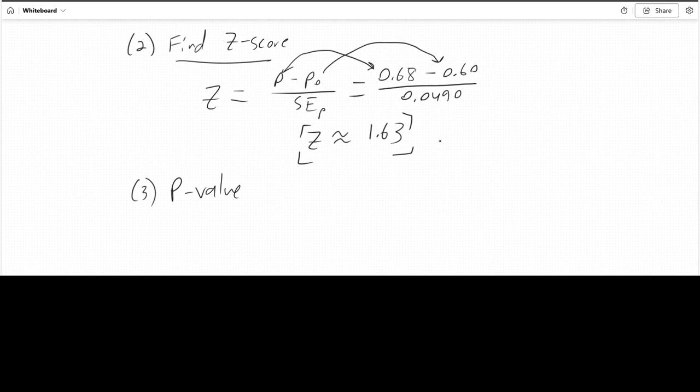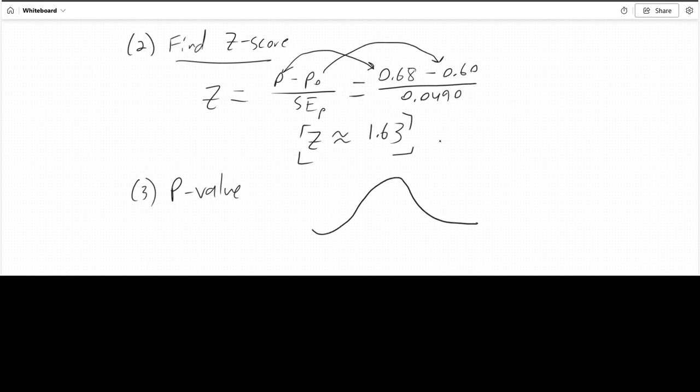This z-score representing all the factors, the standard error, the deviation of how extreme our proportion was, how many people were sampled. This is just a measure of how extreme our measurement was. And we just have to ask if it's extreme enough to convince us that the null hypothesis is wrong. This p-value is the probability of, if the null hypothesis was true, how weird would it be to see this extreme or more extreme data.